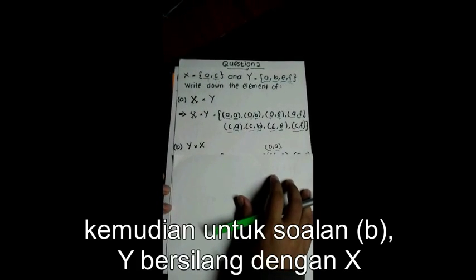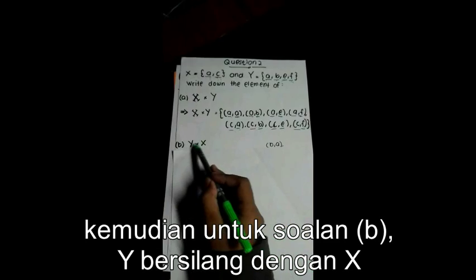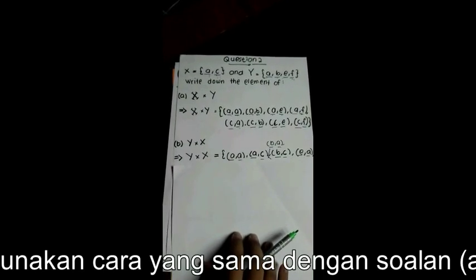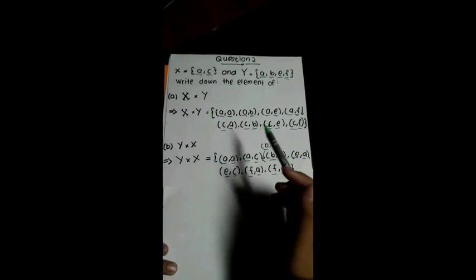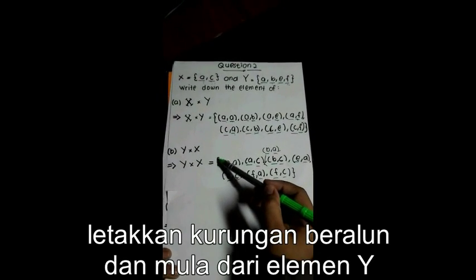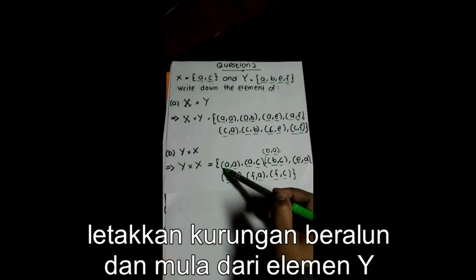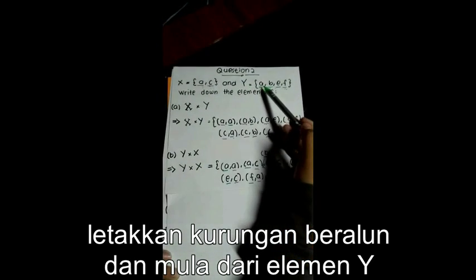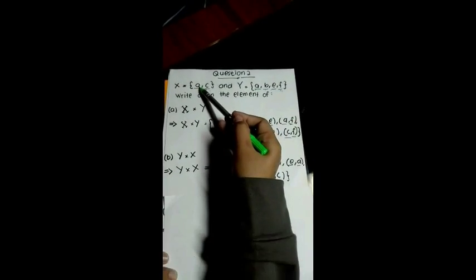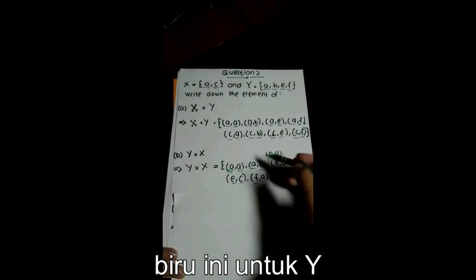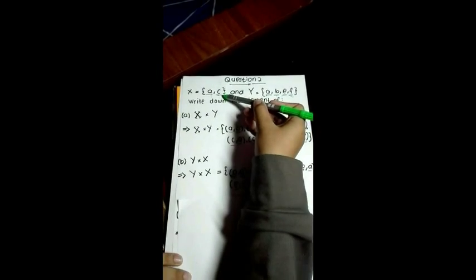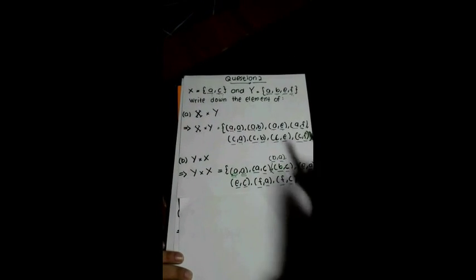Then move to B, Y cross X. Just the same as the A. We just put the curly bracket and start with Y. A. This blue is Y, and this is X. A, C, then move to B. I found my mistake when writing the answer.